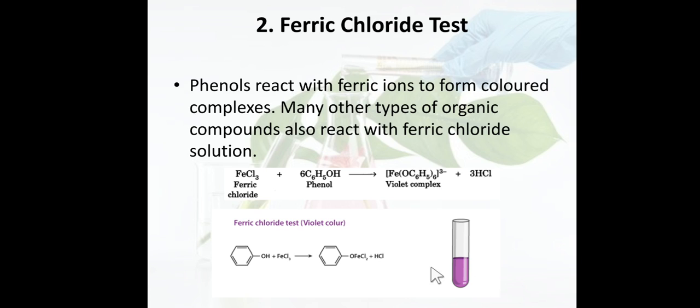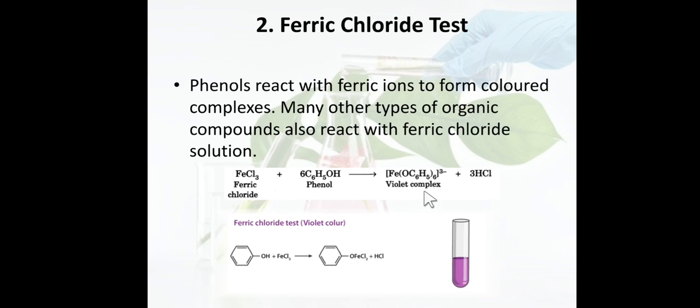This kind of violet color is formed if we have phenolic OH group or phenols and we treat it with FeCl3. So this is a confirmatory test for the phenolic OH, commonly used to identify the phenolic OH group in a natural product or any organic compound.